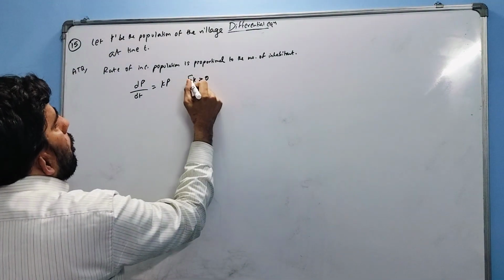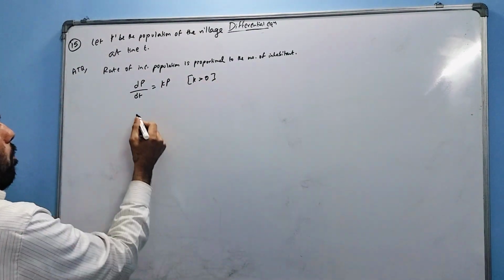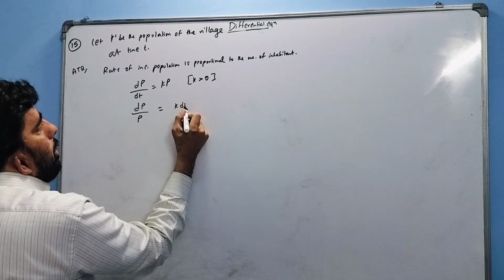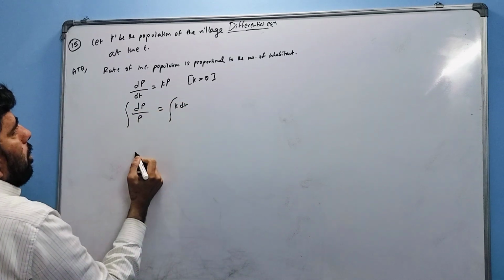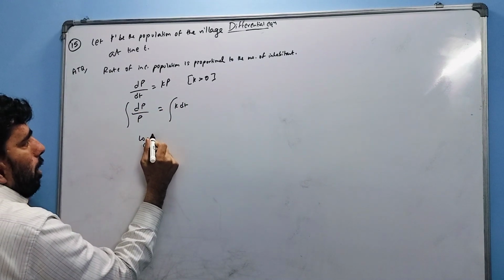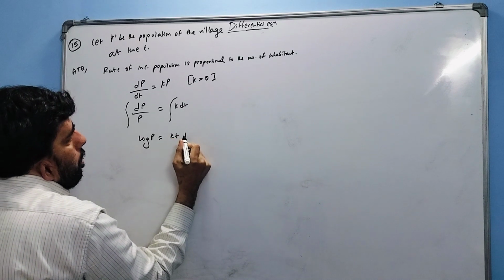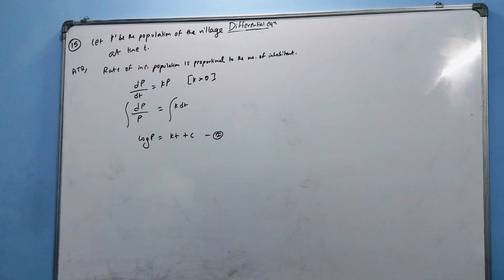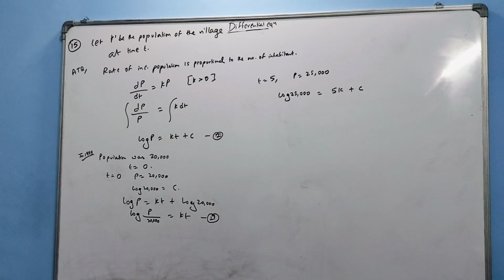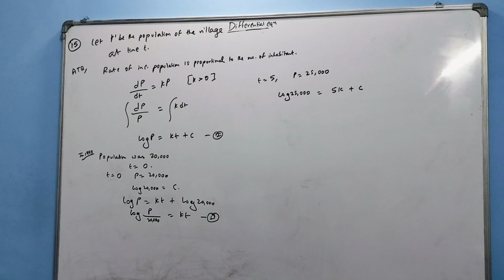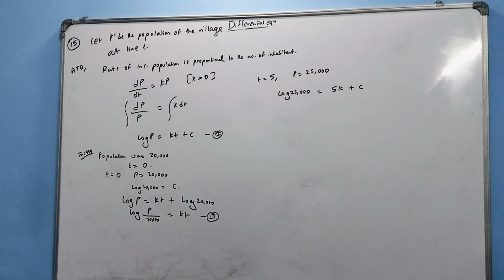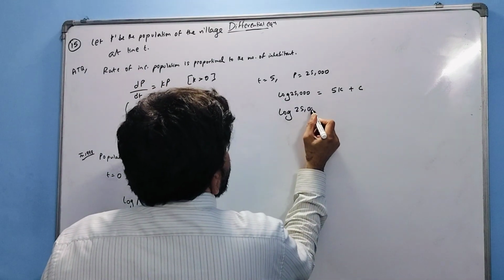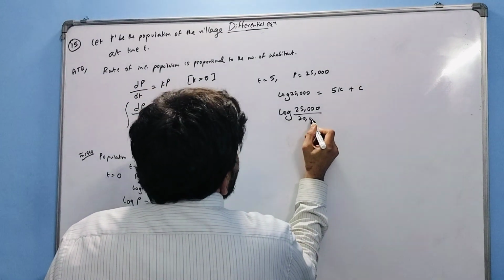So now what can I write? dP upon P is equal to k dt. Let's integrate this. So we get log P is equal to kt plus c. So now this is the first equation. Okay, so now we have log of 25,000 upon 20,000 is equal to 5k.